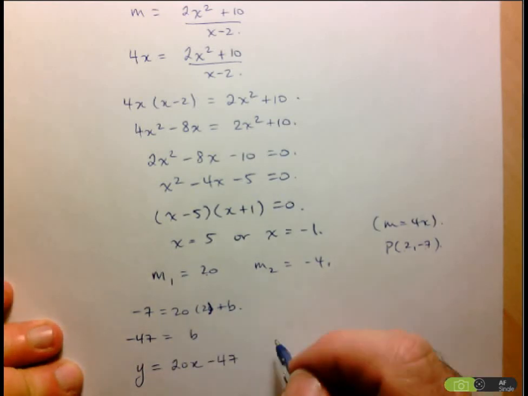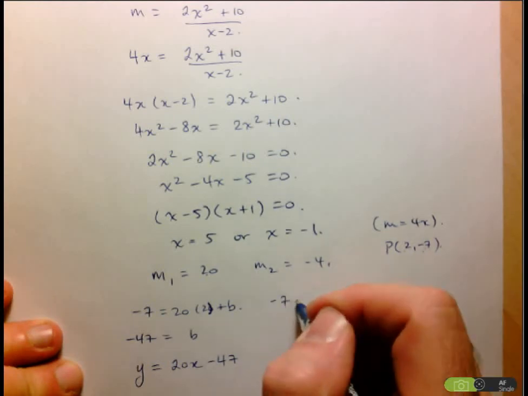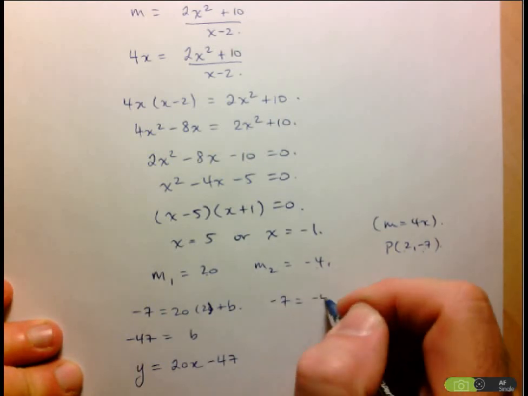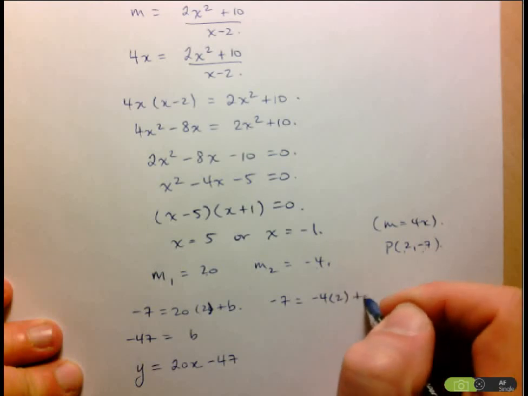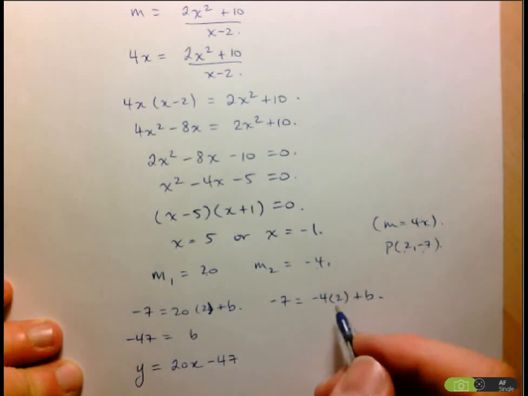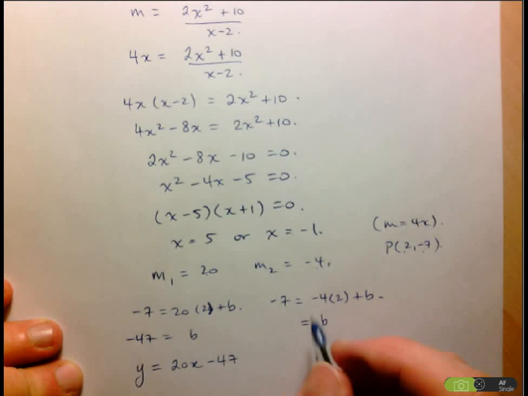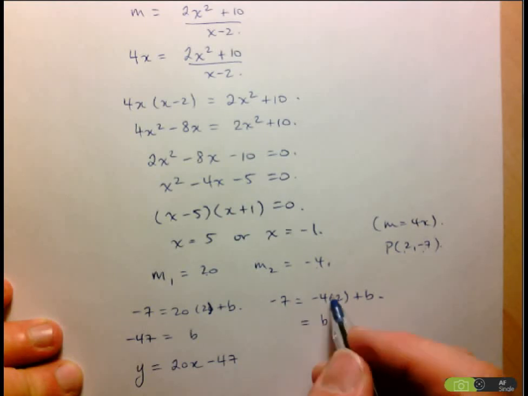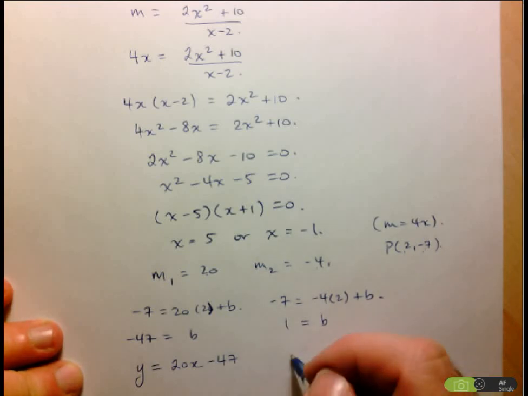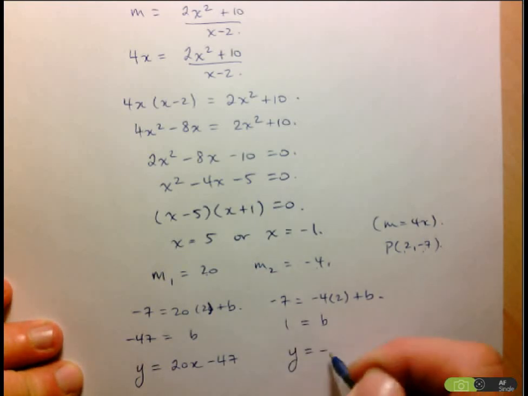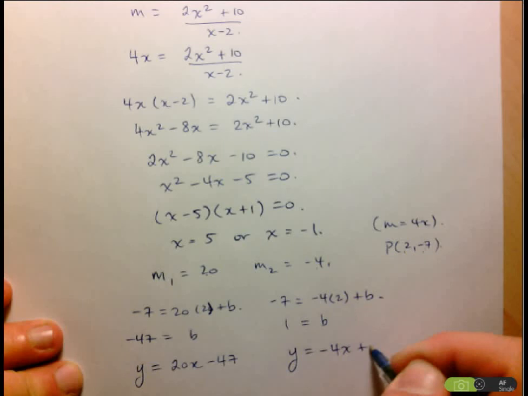Now let's do the second one. y equals mx plus b, and here mx is negative 8. So b is equal to negative 7 plus 8, which is equal to 1. So the second equation is y equals negative 4x plus 1.